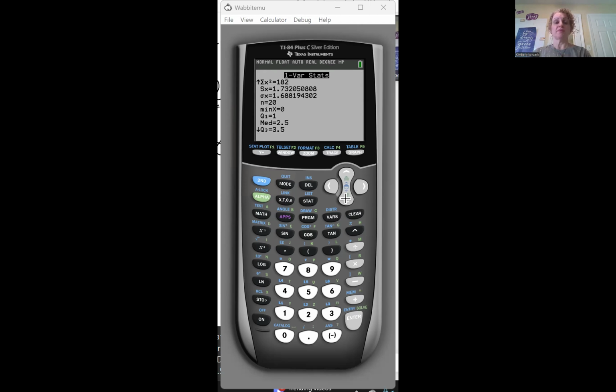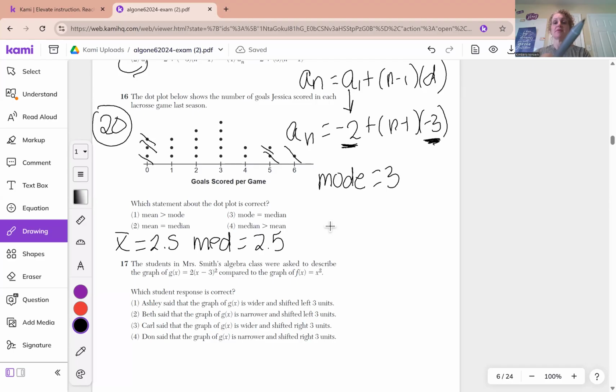And you know your mode from before, which was 3. So when we go back to the original document, we see that the mean and the median are the same, choice 2.